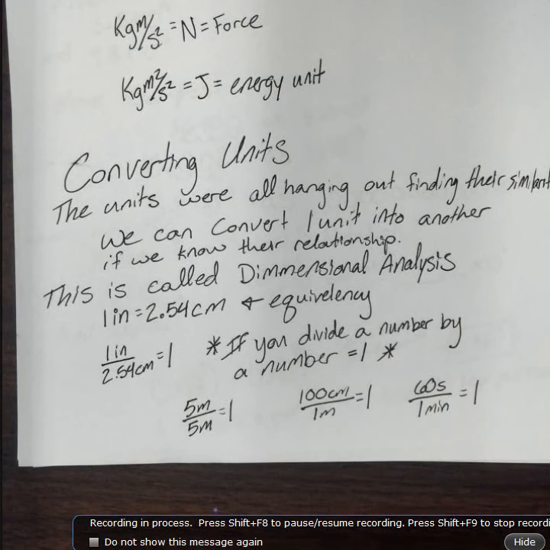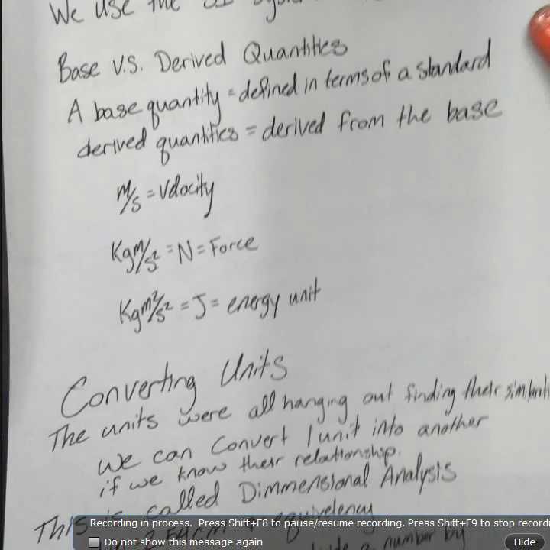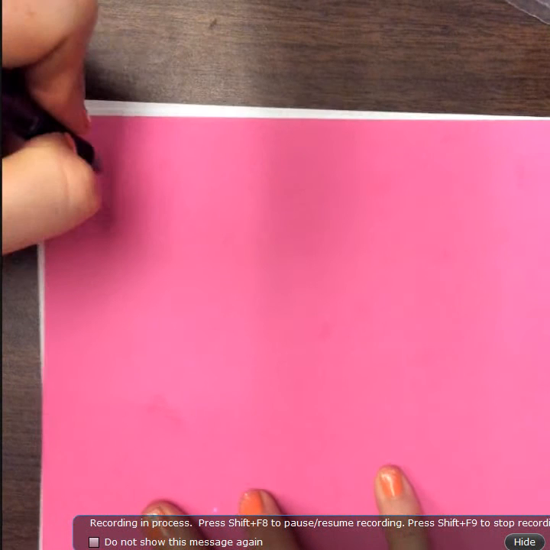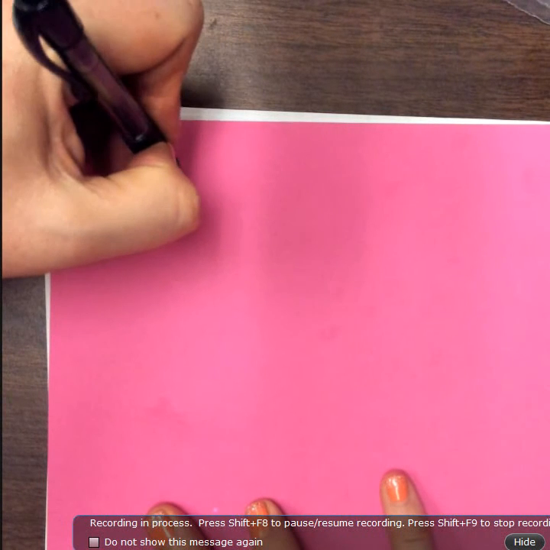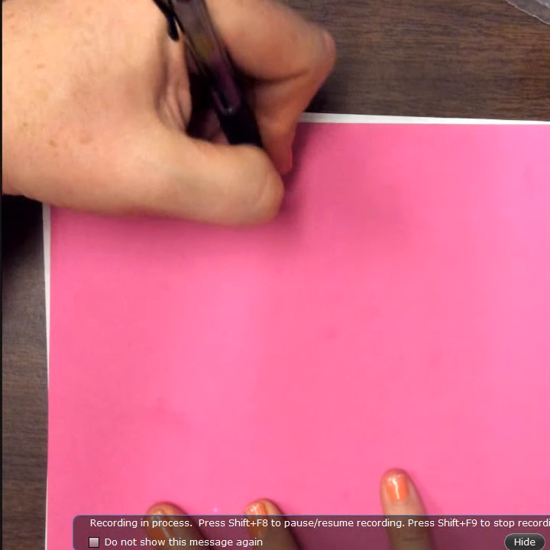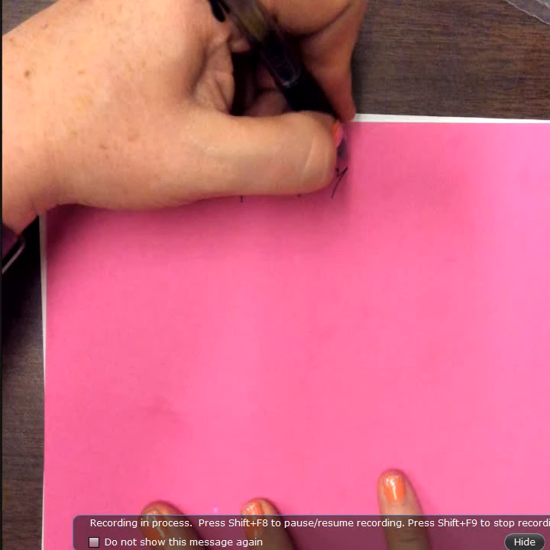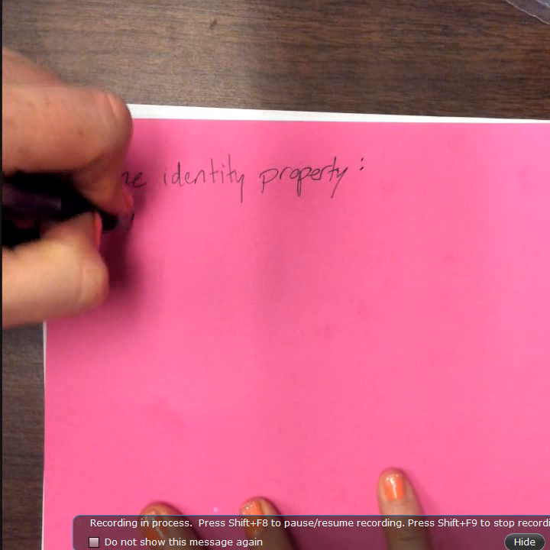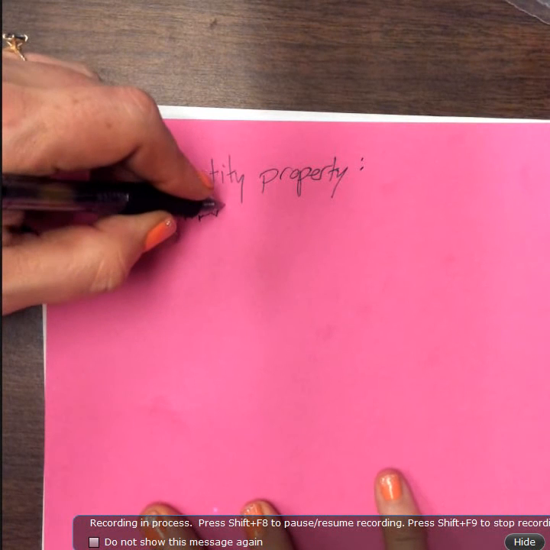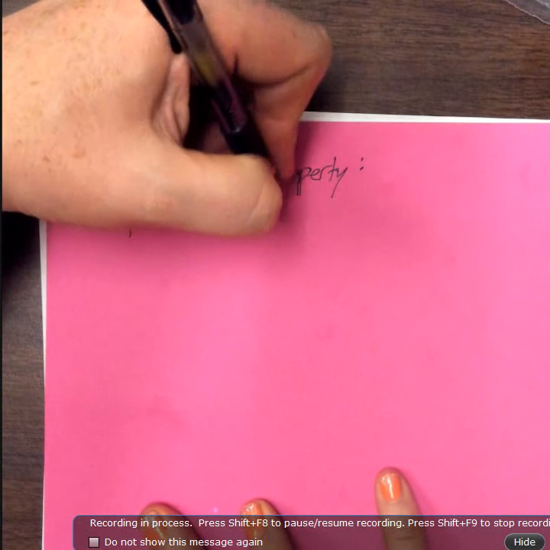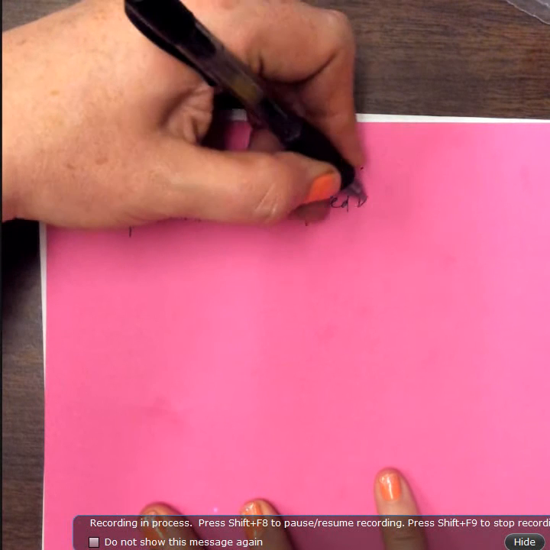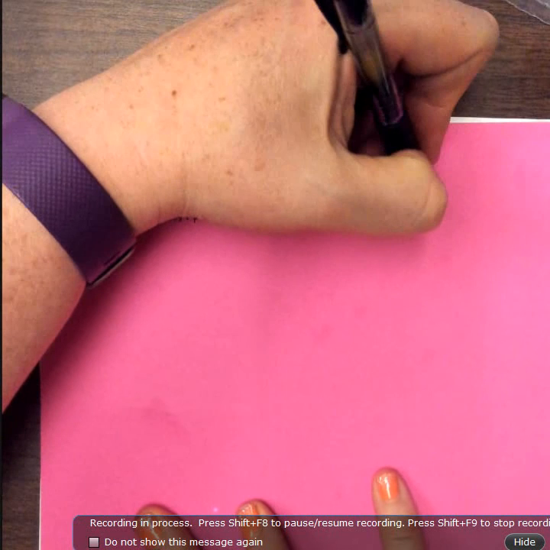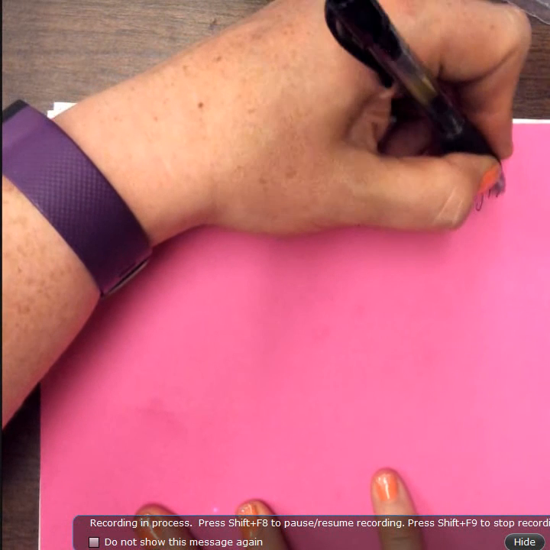And I'm going to tell you a little bit about the identity property. The identity property says that any number multiplied by 1 is equal to the original number.